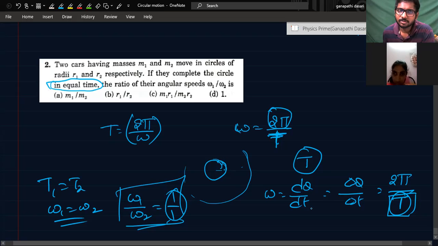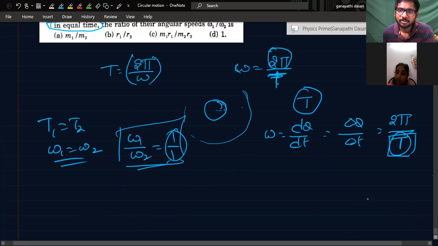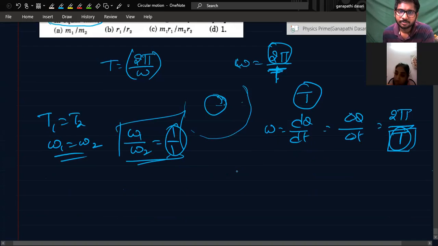Sir, but I have done it this way: v is equal to r omega. Still I should get it, no, sir? I did v1 by v2 is equal to r1 omega 1 by r2 omega 2. Okay, I divided.